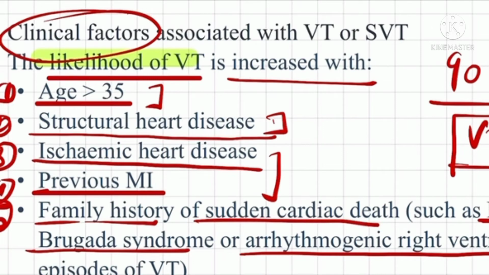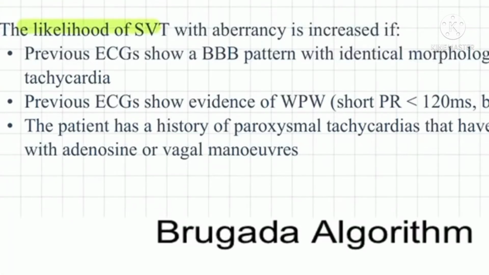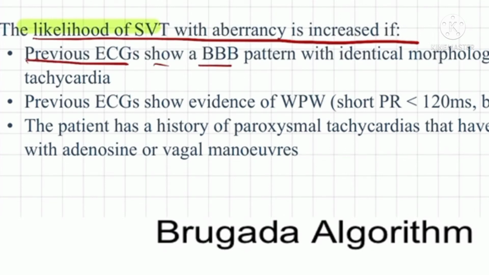And more likely to be SVT are these 3 points. SVT with aberrancy: previous ECG shows RBBB patterns. This is very important.